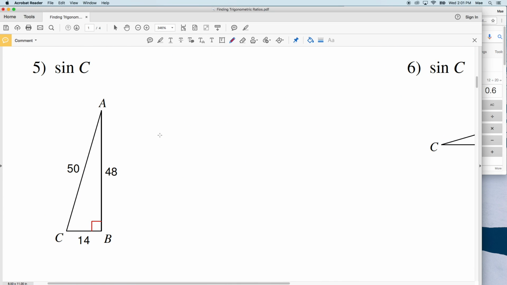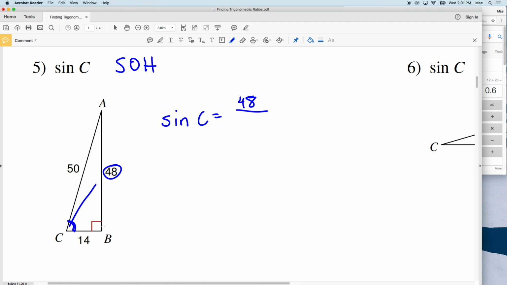Number 5, the sine of C is the trigonometric ratio we're solving for. So sine, think SOH, opposite over hypotenuse. Sine of C is this angle here, opposite C, we have 48.